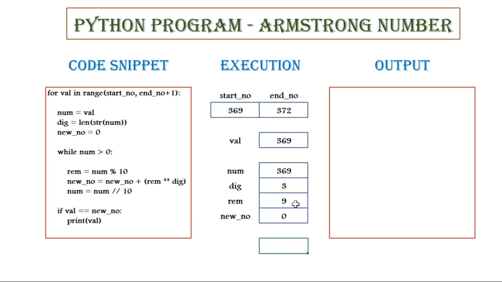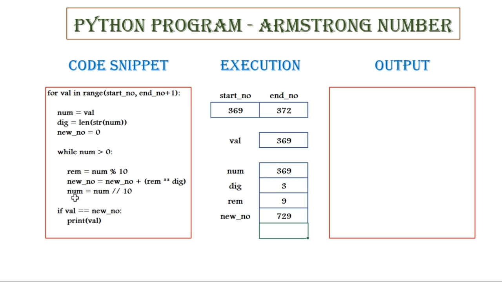The remainder is 9, so 9 to the power of 3, which means 9 into 9 into 9. That is 729. And the new number currently is 0, so 0 plus 729 is going to be 729 here, because that is getting assigned to the same variable.